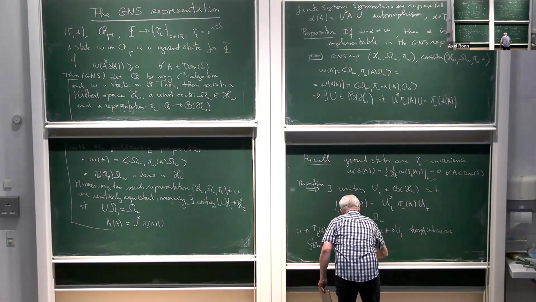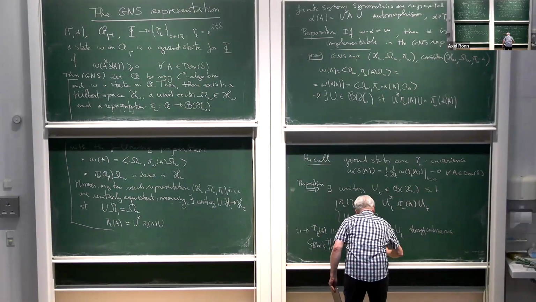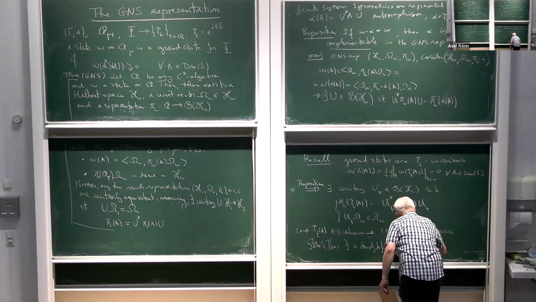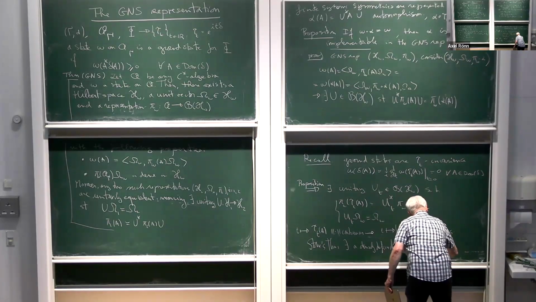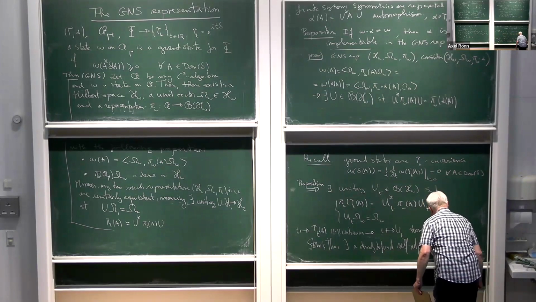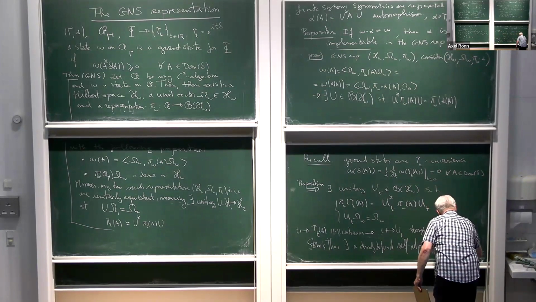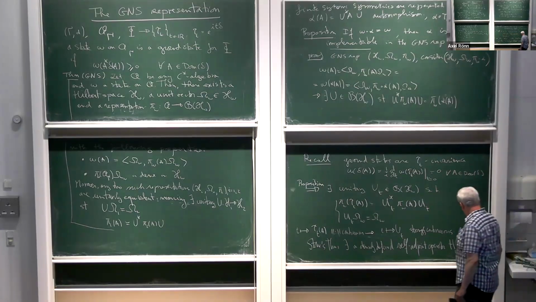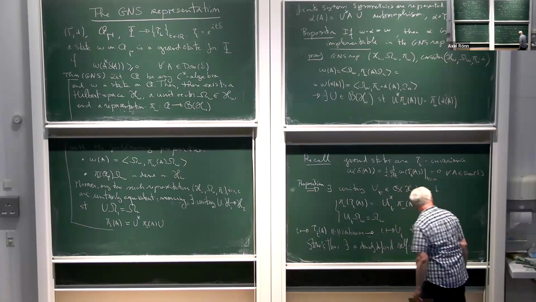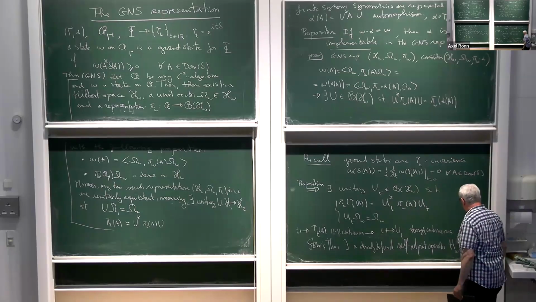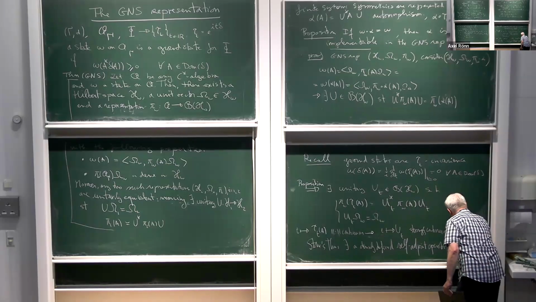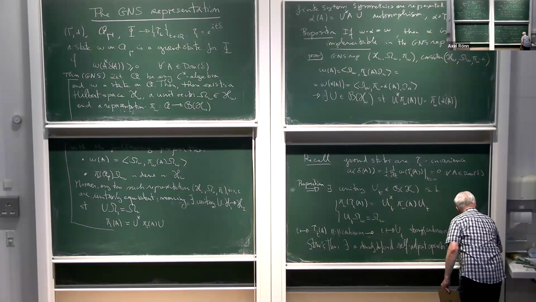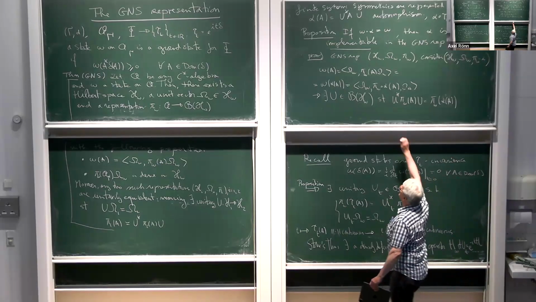There is a densely defined self-adjoint operator, H omega, to remind us for a little while that all these objects depend on the state omega I started from, such that U_t is e to the negative i t H omega.